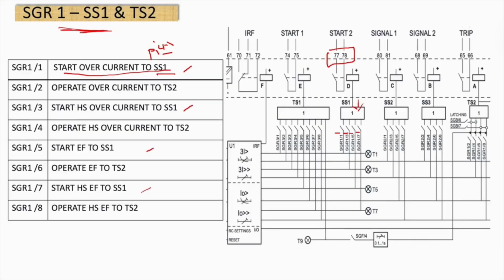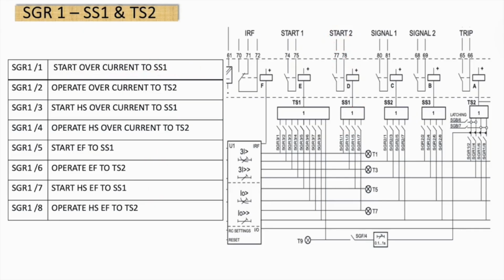So if you want to create some logic for starting, such as the high set for overcurrent, overcurrent earth fault, and high set earth fault, all you need to do here is add 1 to SDR1's 1, 1 to SDR1's 3, 1 to SDR1's 5, 1 to SDR1's 7. Once you've made this much, you'll make further connections on pins 77 and 78. Here, you'll get the relay's single output. SS1 is solely designed for the start signal.